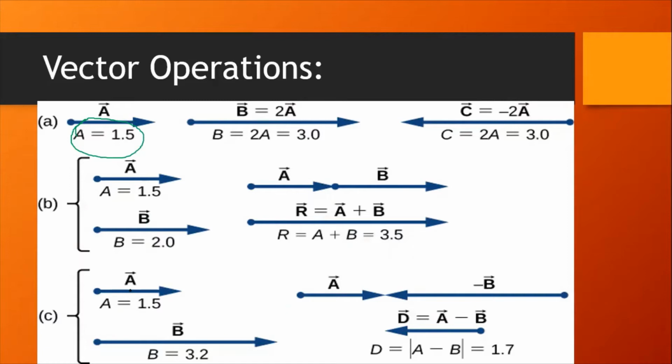Now the case is changed. Here you can see this is vector A, and its direction is on the right hand side, and vector B's direction is also on the right hand side. But what is happening?